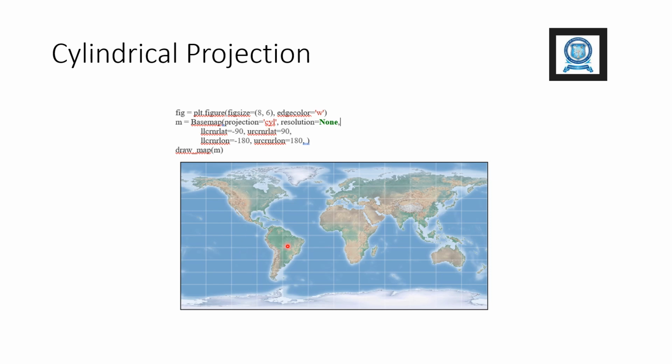The example is shown here. The additional arguments to Basemap for this view specify the latitude and longitude of the lower left corner and upper right corner for the desired map in units of degrees.